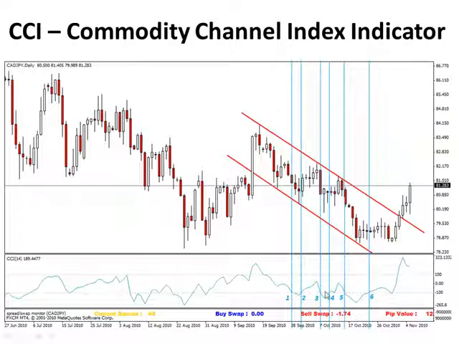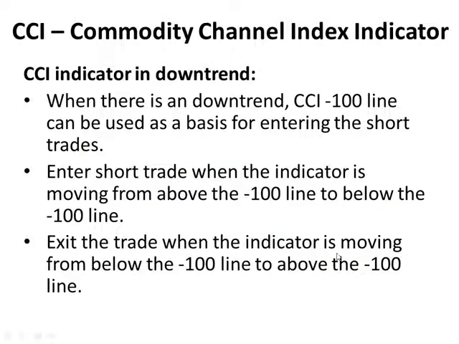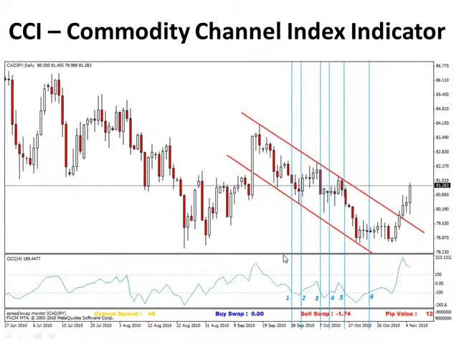That means when there is a downtrend, you can use the -100 line as the basis for entering short trades. Enter a short trade when the indicator is moving from above the -100 line to below the -100 line. Exit the trade when the indicator is moving from below the -100 line to above the -100 line.